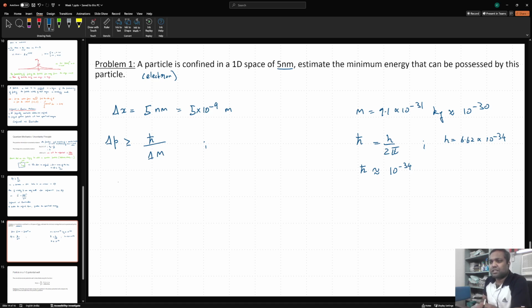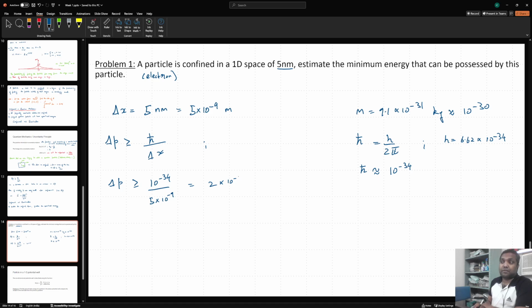So what does that imply? That implies delta p. Oh no, what is delta m? There is no delta m. I'm really sorry, it's delta x. Apologies for that error. So delta p is greater than or equal to 10 to the power minus 34 divided by 5 into 10 to the power minus 9, which is 2 into 10 to the power minus, how much is that?